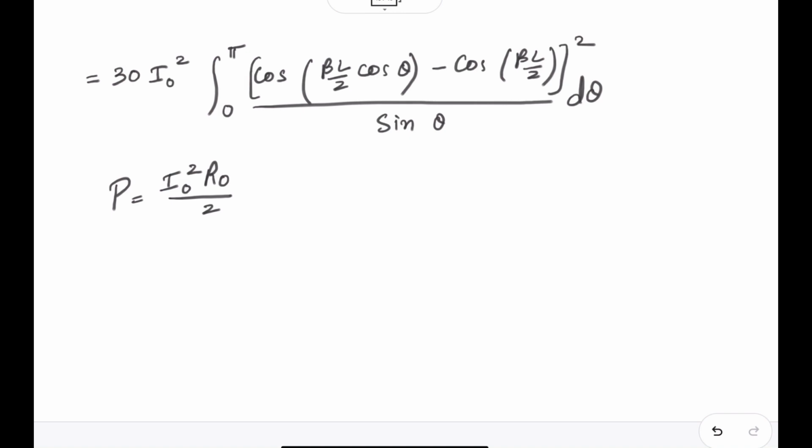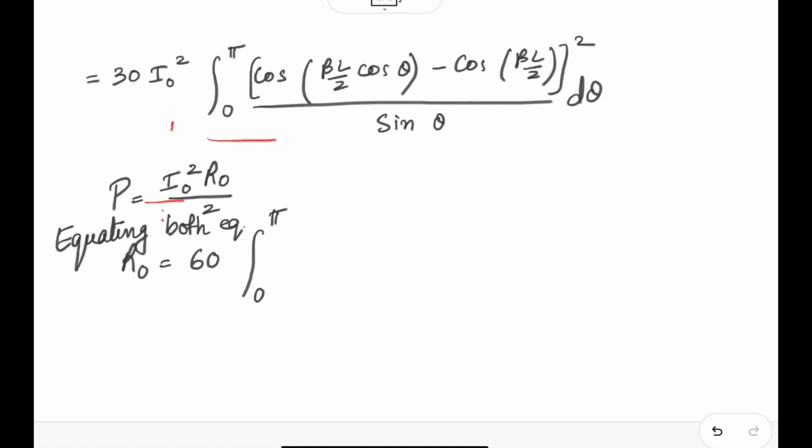So equating both equations, r naught will be equal to 60 into integral of 0 to pi. Equating this equation and this equation, equate both of them.